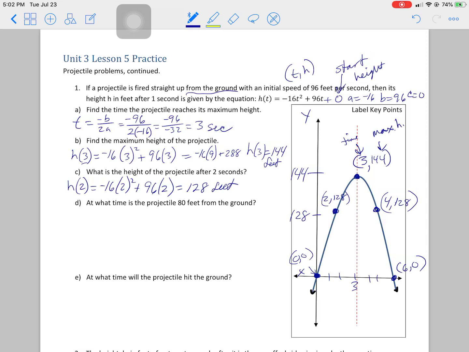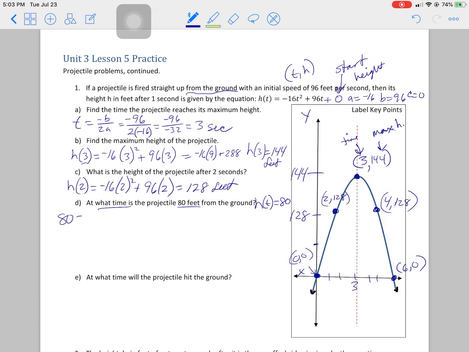So what time is the projectile 80 feet from the ground? So that's even lower. So we expect it to be between 0 and 2 seconds. So let's find that out. So it's giving me a height. This is 80 feet, so it's giving me an h of t of 80.